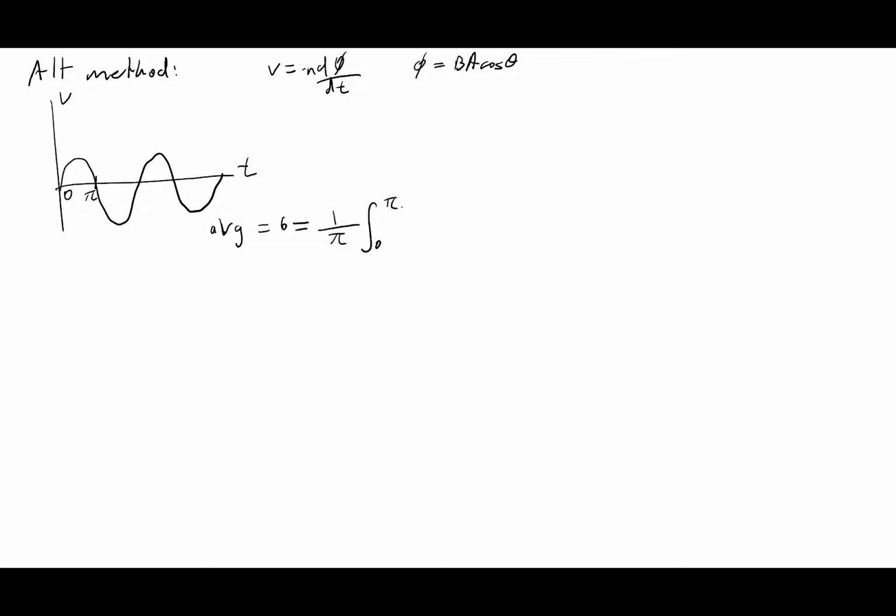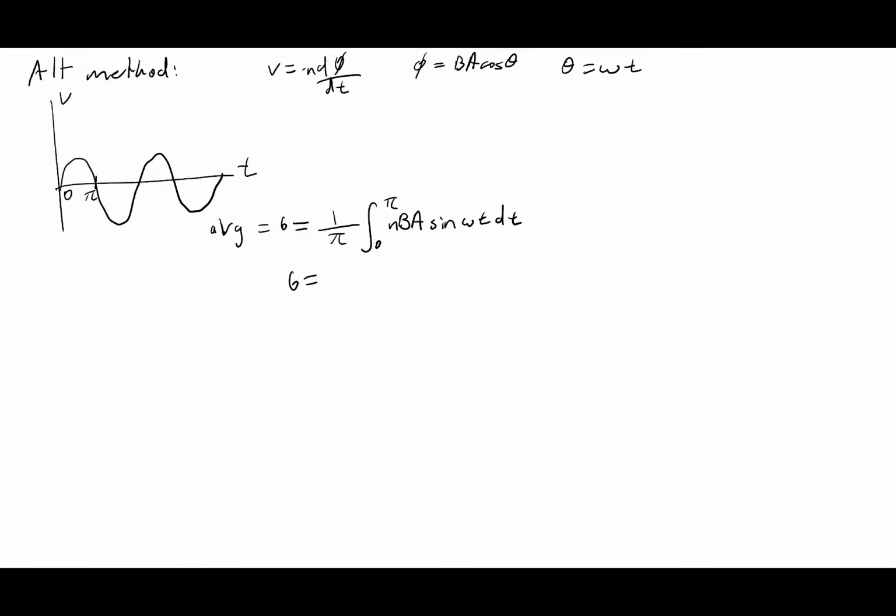Integral of 0 to pi of NBA sine omega t dt, since theta equals the angular velocity times the time, so it's omega t.